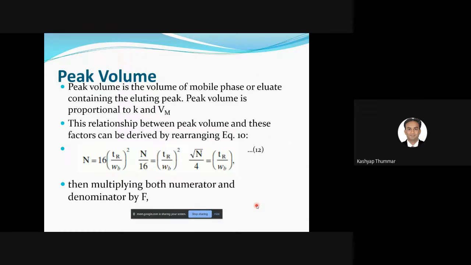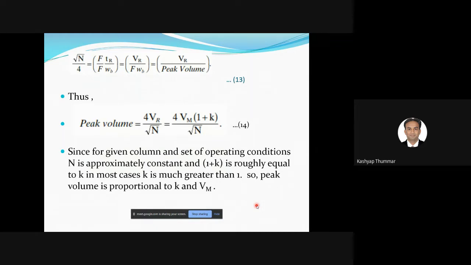So if I rearrange these equations, from equation number 10, if I move the 16 to the denominator of n, this equation can be rearranged, and then multiplying both numerator and denominator by flow rate. The final equation for the peak volume is equation number 13, and the final equation is equation number 14, that is 4 VR upon under root n is equal to 4 Vm into bracket 1 plus k upon under root n.